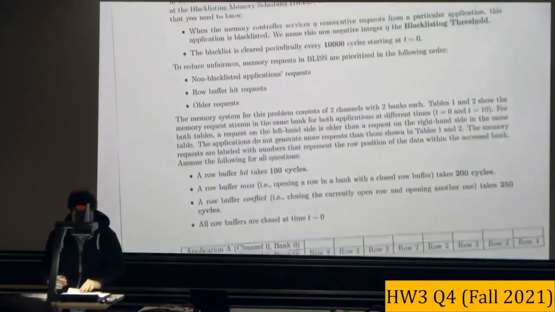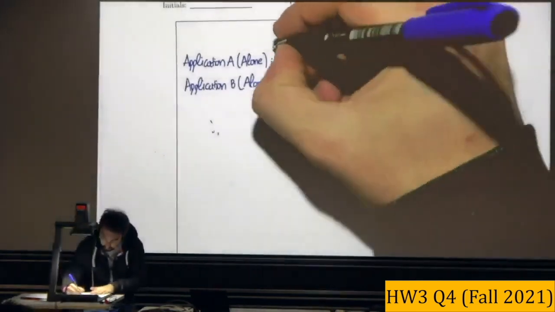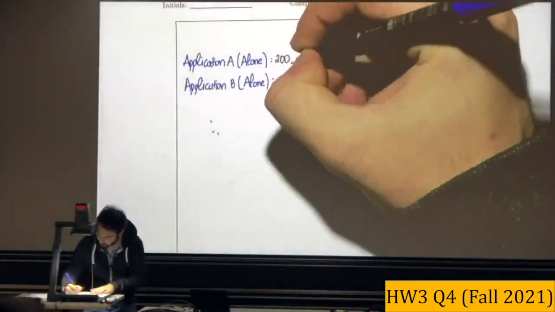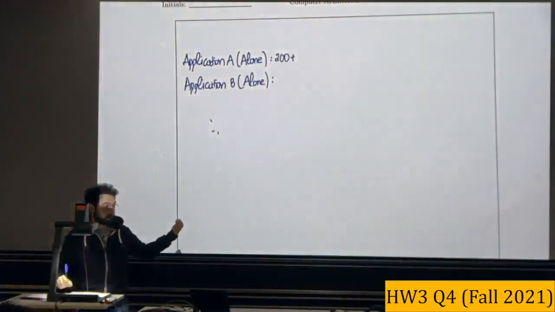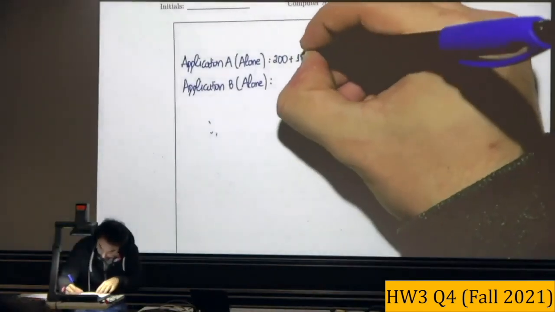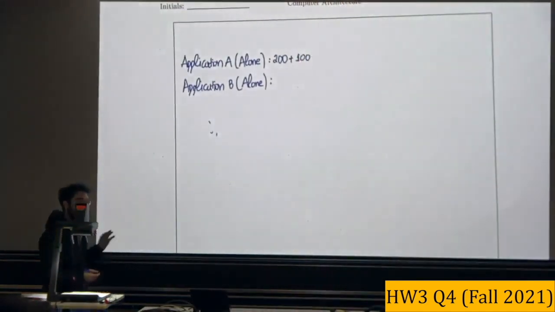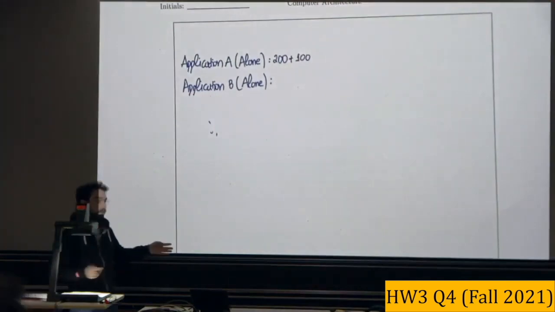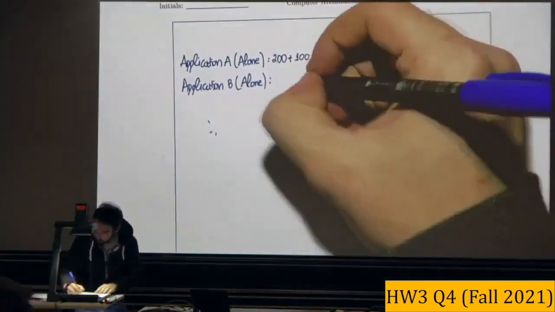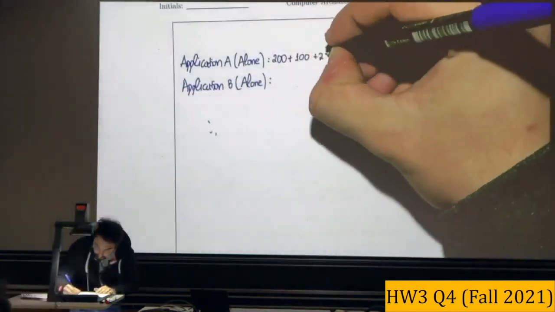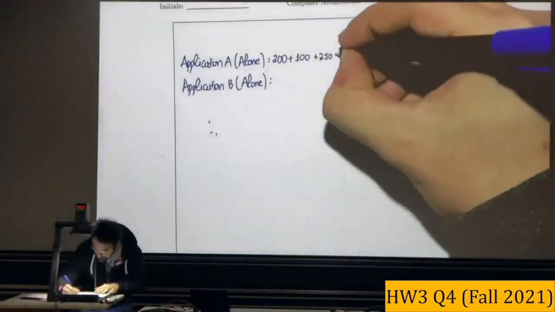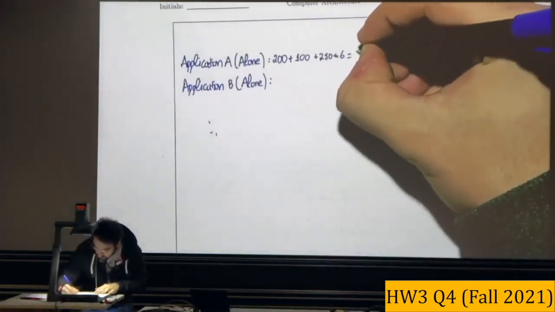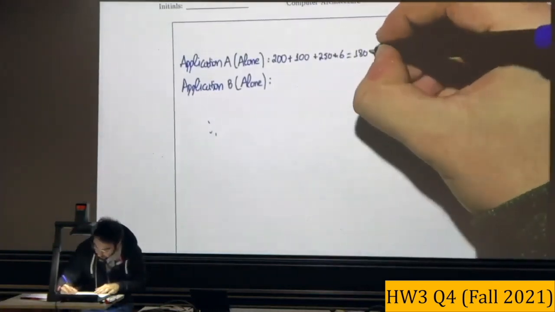What we do essentially is we open a row, we have a row miss, row 3, then we execute the other request to row 3, which is a hit. And then for all the other requests, which are 6, we have conflicts, right? Because they were all different rows. So it's 250, which is the row conflict latency, multiplied by 6, which is 1,800 cycles.